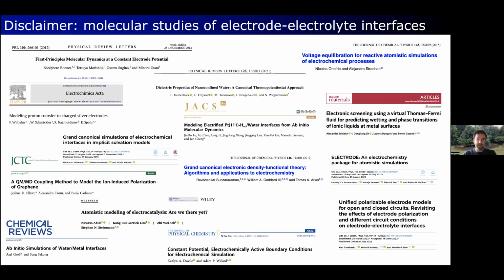I've just highlighted a few important references. If you're interested, just watch the replay and you can pause and look at all these very interesting references. Please don't be offended if you don't find your own work or your favorite methods in this slide. It's just a sample of the methods that are used to illustrate that this is really a very active field of research.